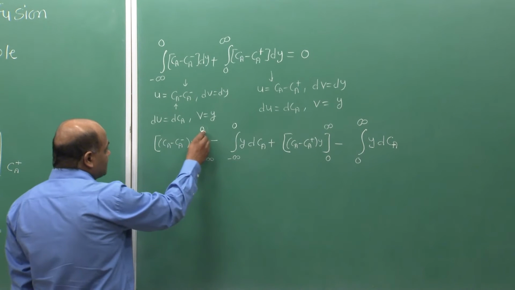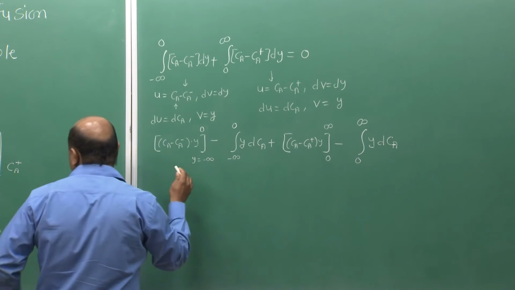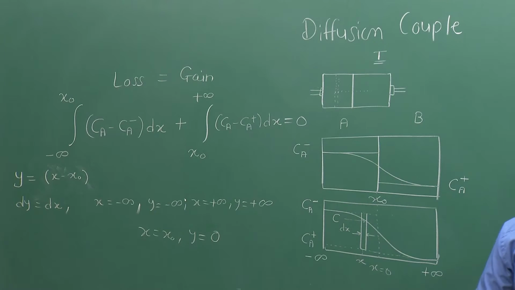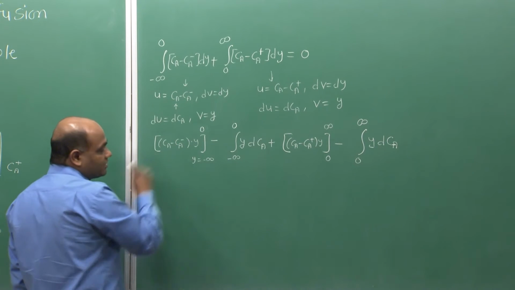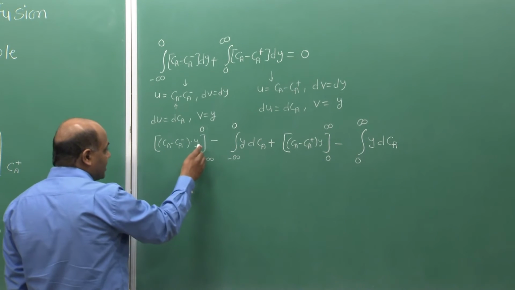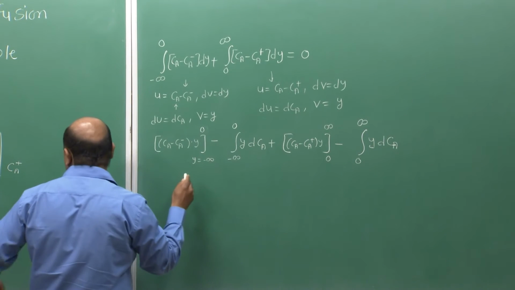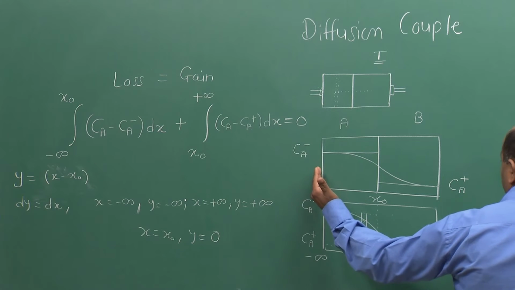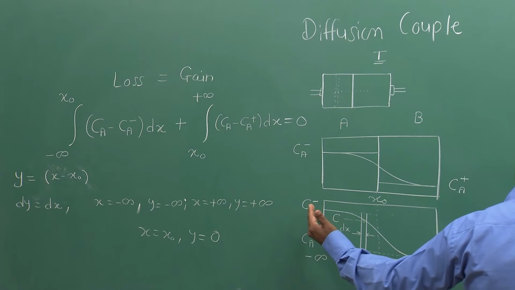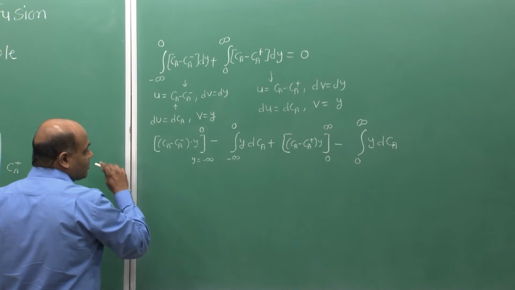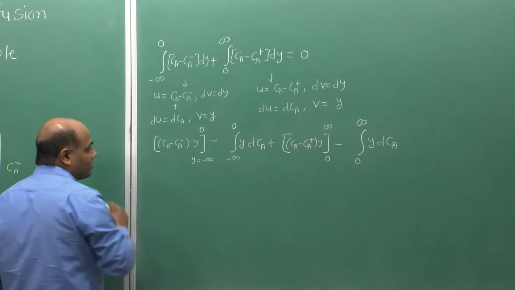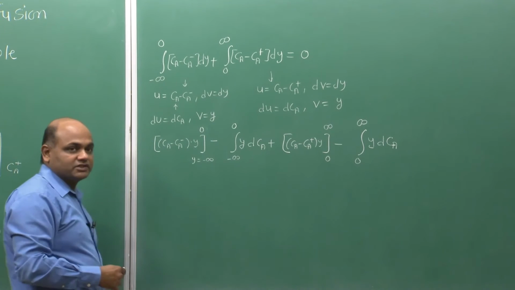Now, when y is equal to 0, that is at the initial contact plane, this term will vanish. Similarly, at y equal to minus infinity, that is on the left terminal, Ca is Ca minus at all times, and so again this term will vanish. So, this term will be 0.